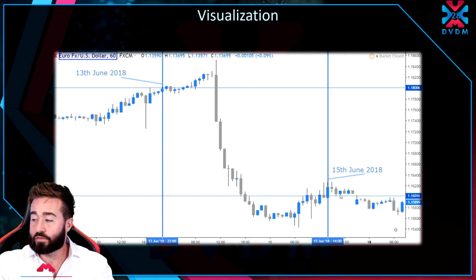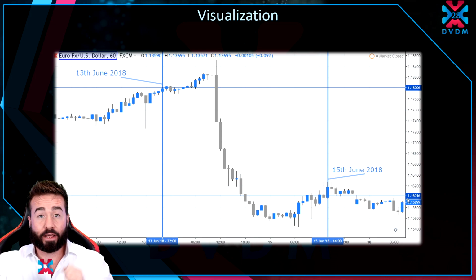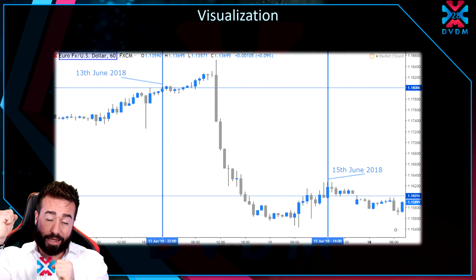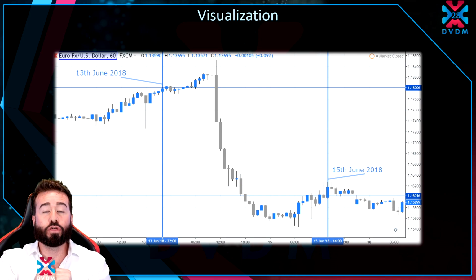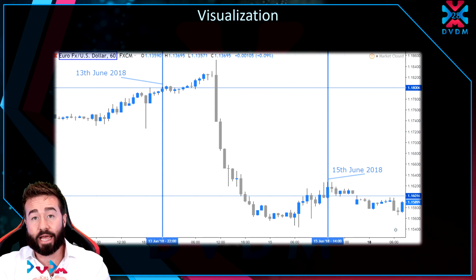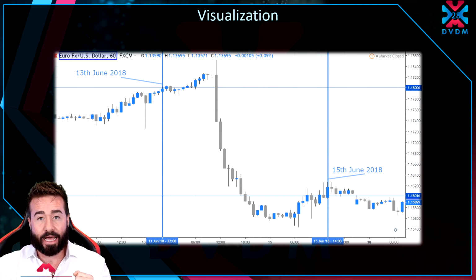Then on the 15th of June, we closed our position at 1.16016, meaning those dollars that we were originally holding, we then bought back the euros that have substantially decreased in value. And because it's cheaper now, we're buying back more euros than what we originally had when we sold them. And that is a Forex transaction right there as it happens.